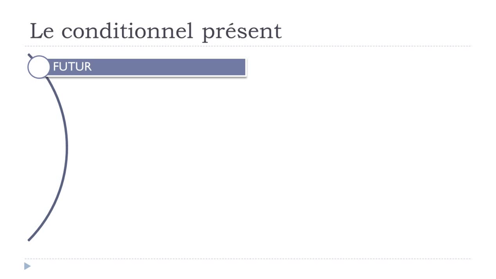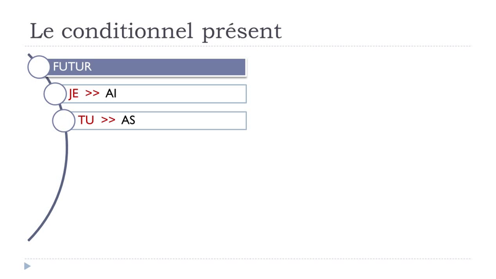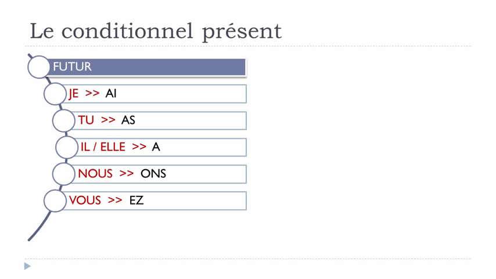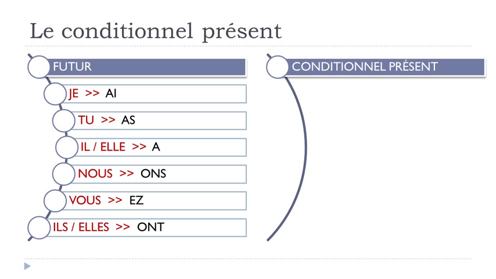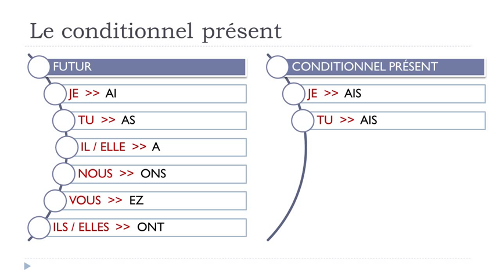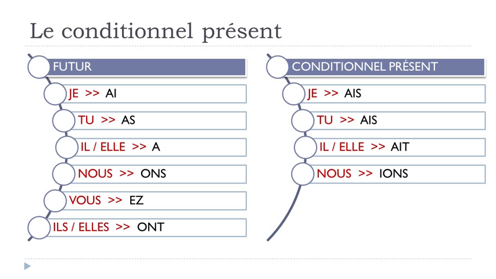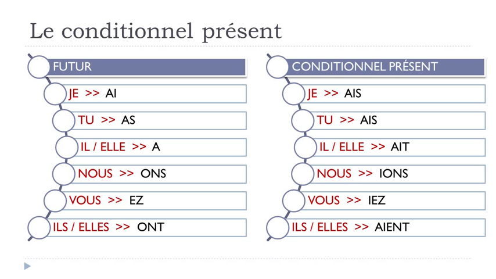the important thing is to remember that the endings for the future are ai, as, a, ons, ez, ont. Okay, but then for the conditionnel présent, if you remember them, it was ais, ais, ait, ions, iez, aient.